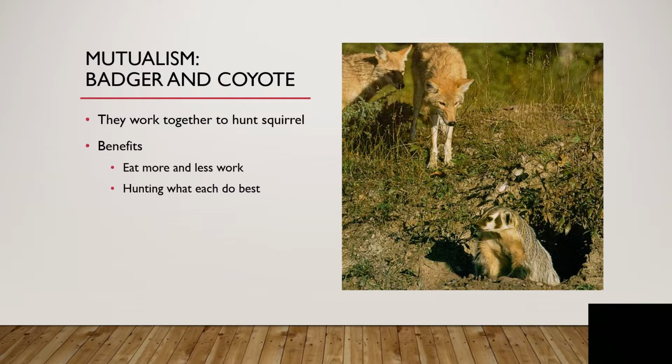It works out pretty well, but not for the squirrel, because to avoid the coyotes, they usually hide in the tunnels. But in the tunnels, the badger is waiting and has blocked off all exits. So in order to avoid the badger, the squirrel has to come above ground where the coyote is. So there really is no escape for the squirrel.